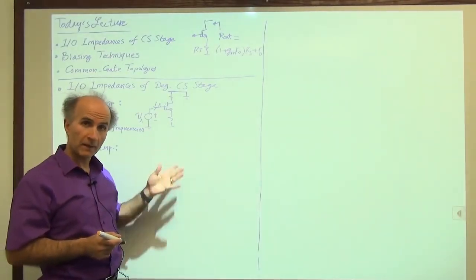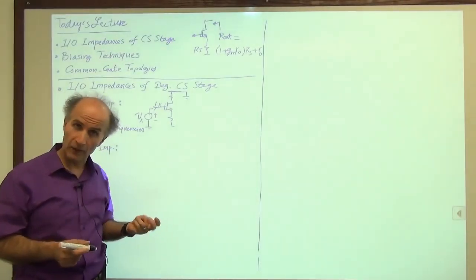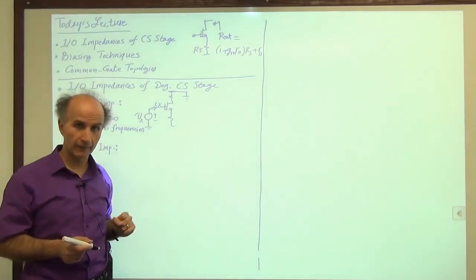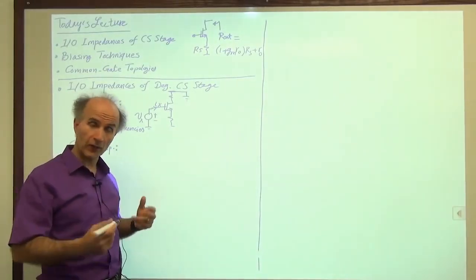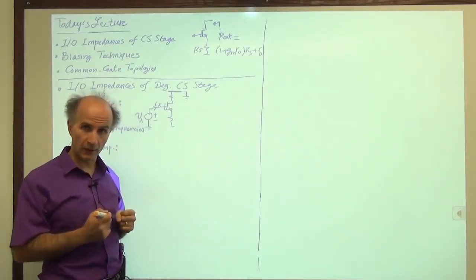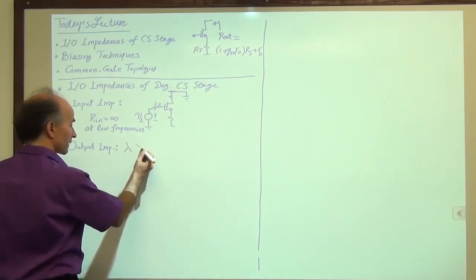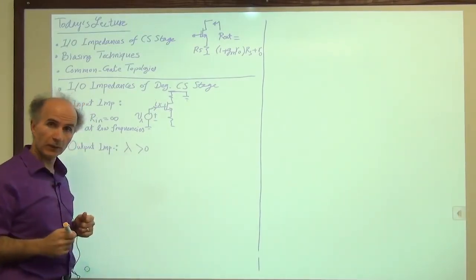For the output impedance, we can still neglect channel length modulation, but we don't have to. The results are not that complicated. So let's be more thorough and include channel length modulation. All right, so let's assume that lambda is not 0 and see what we get.